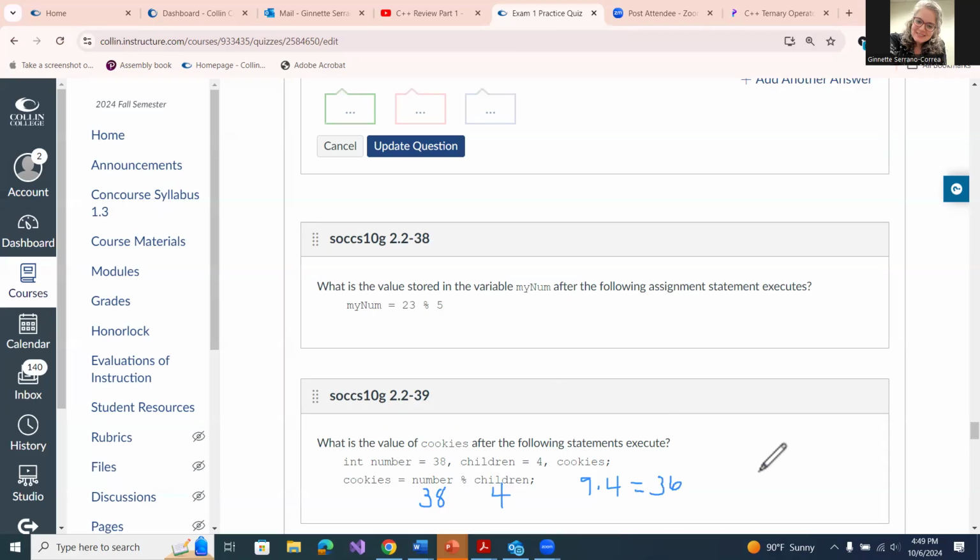And there's 2 remaining. So there's a remainder of 2 because 38 minus 36 is 2. So cookies would be 2. That's the remainder. So 4 goes into 38, 9 times evenly, 9 times 4 is 36. 38 minus 36 is 2.